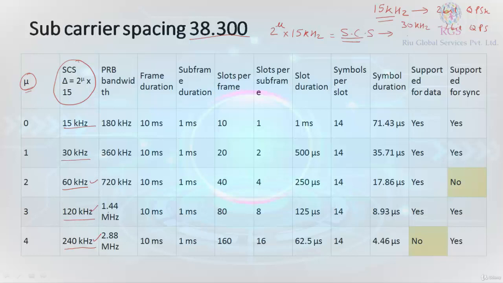So what does it signify? It signifies that since the frequency is bigger, its time domain space will become smaller. Let me explain what time domain is. I hope you are understanding. We know a very old theorem that time is equal to 1 by frequency.